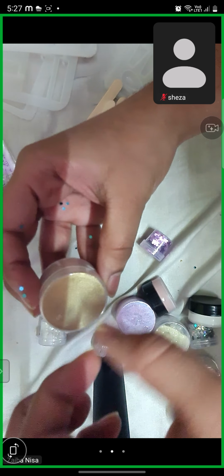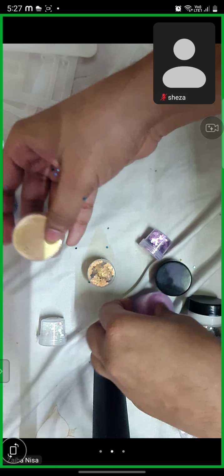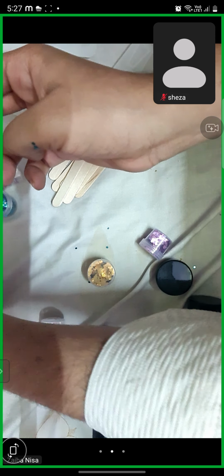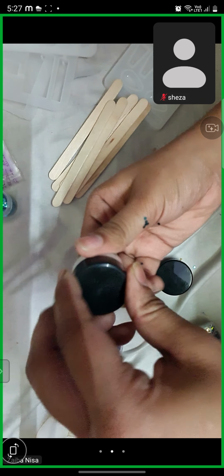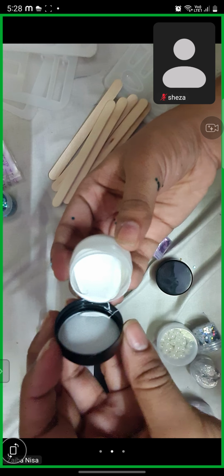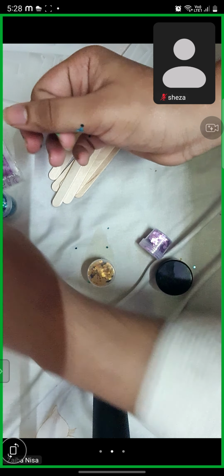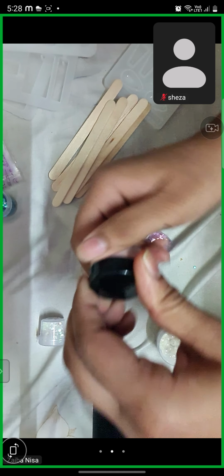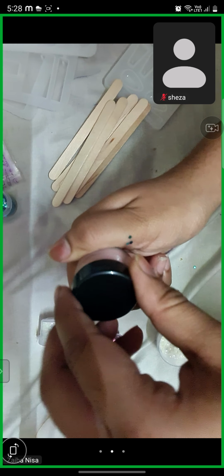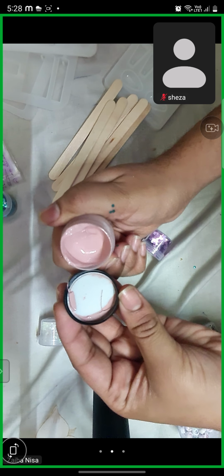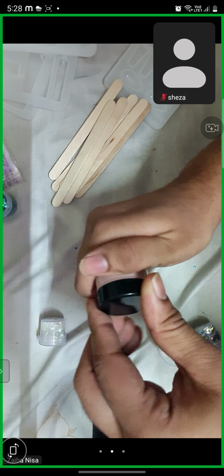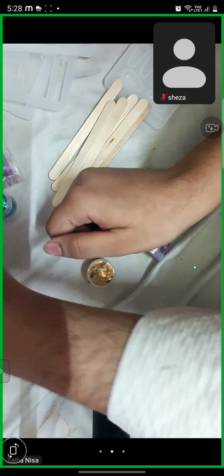Even this is a powder. This is also a powder. This is a liquid, opaque pigment. These terms you should learn very clearly, very perfectly. So beautiful colors, so light colors. For practice purposes, very good colors.